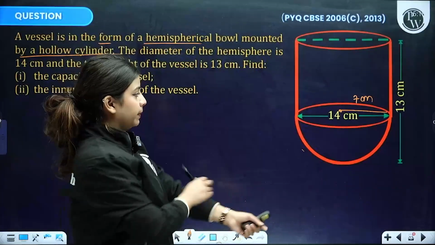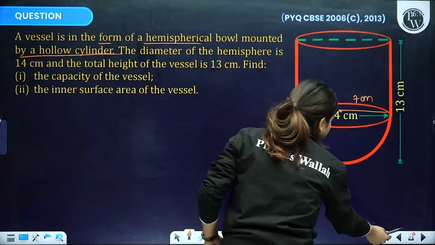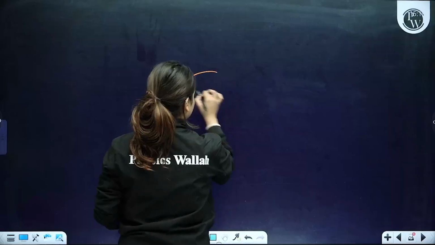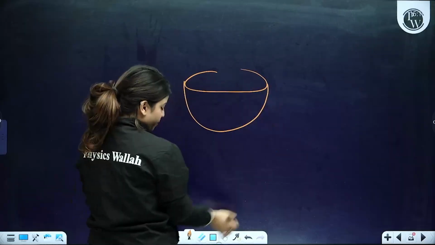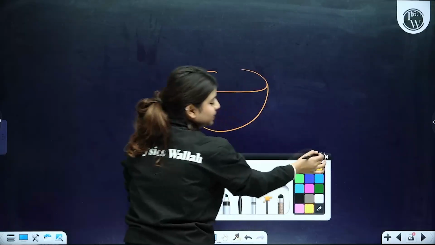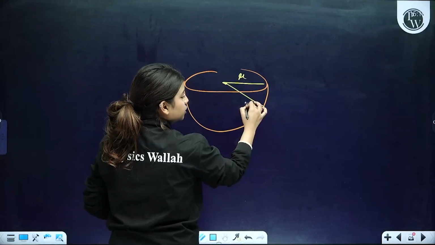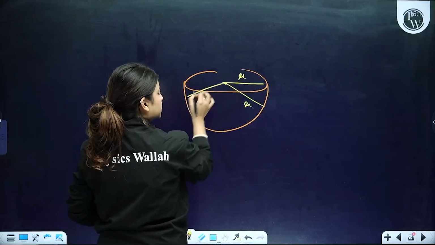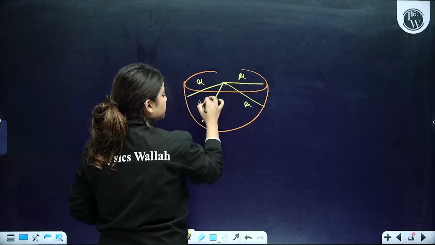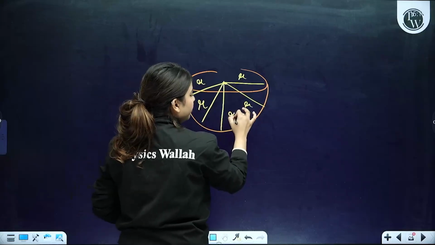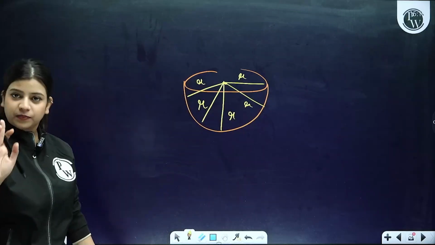So just see people. If we have a circle, or let's say a semicircle, a hemisphere, right? So in this hemisphere, if this is the radius of the circle, this is also the radius, this is also the radius of the circle. Agreed?